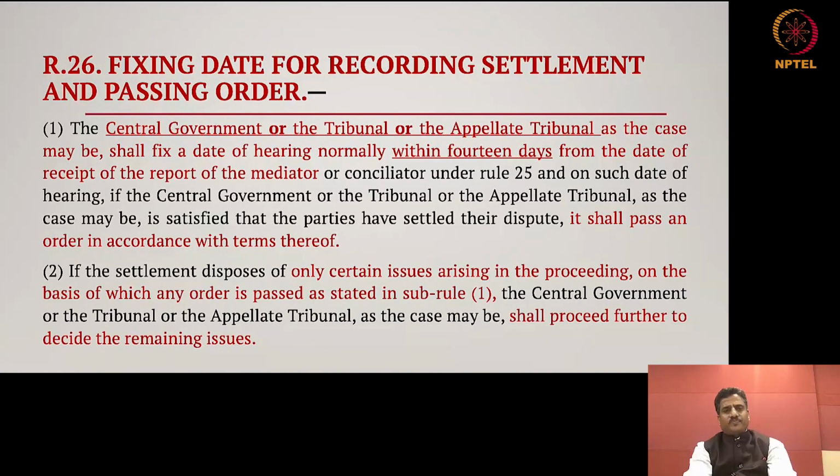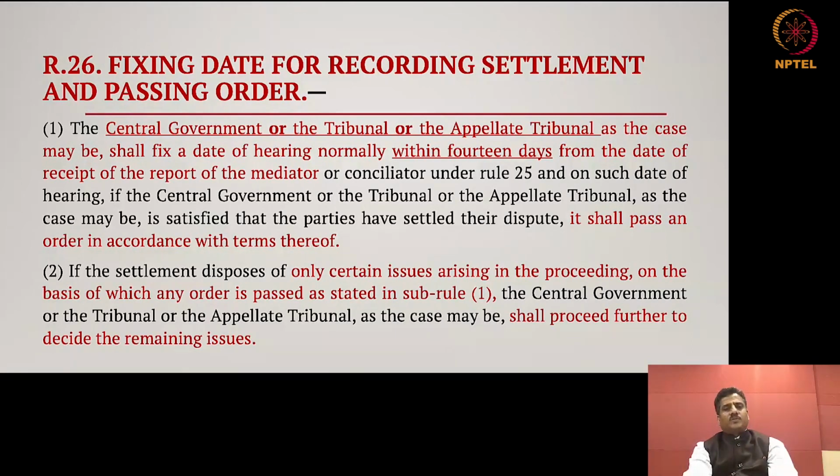So here, the earlier rules talk about both parties agreeing for settlement, putting up their terms and conditions voluntarily, signing that agreement, and the concerned mediator or conciliator also signing. Then that mediator will submit it to the concerned authority, maybe the central government or tribunal.